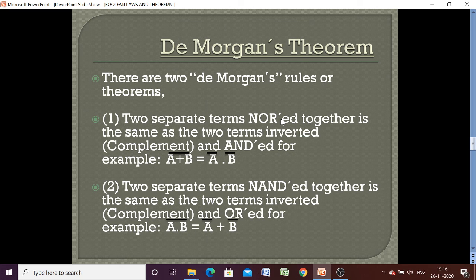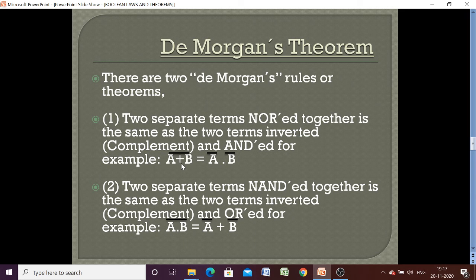Okay, so here we can see that De Morgan's theorem states that two separate terms NORed together is the same as the two terms inverted and ANDed together, and this is the first theorem. Now this is the duality of the first theorem. The second De Morgan's theorem is nothing but the dual of the first De Morgan's theorem.